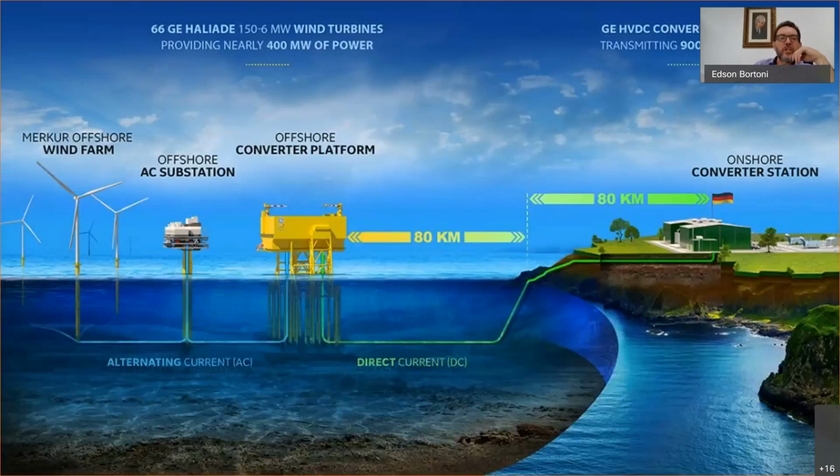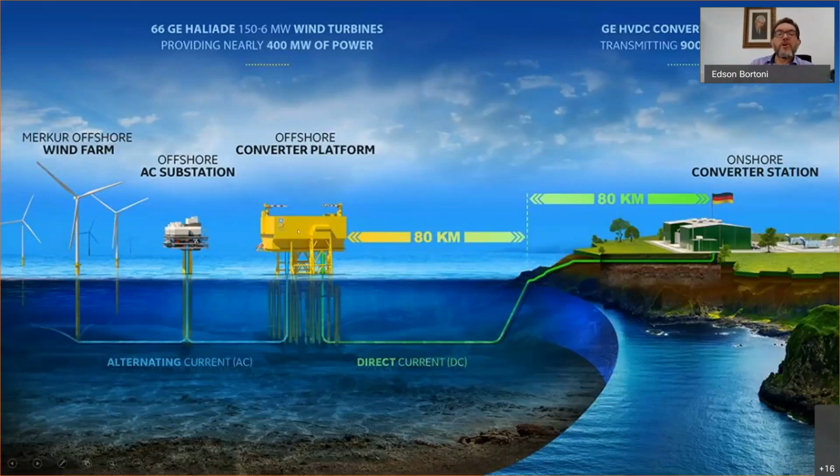Substations, in general, as long as you have speed variation, you also will eventually have frequency variation. So there is an AC substation to merge or connect all the wind generators at a variable frequency.